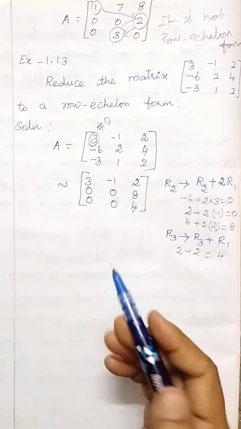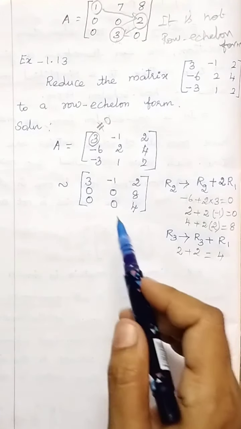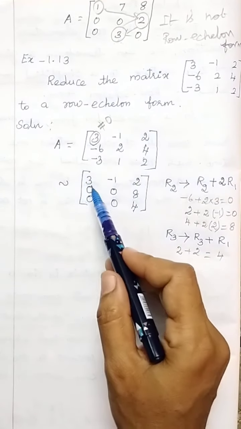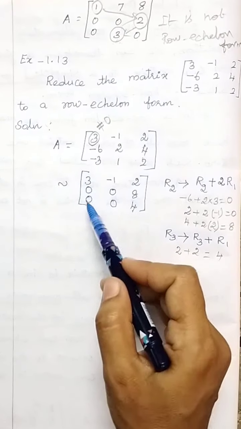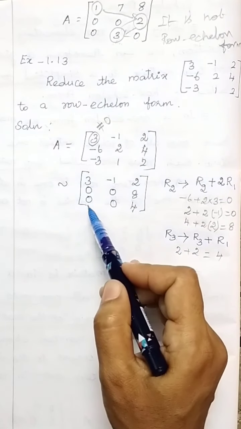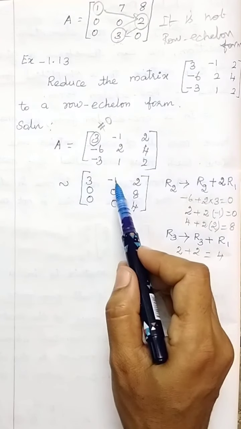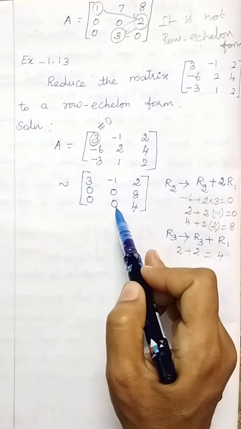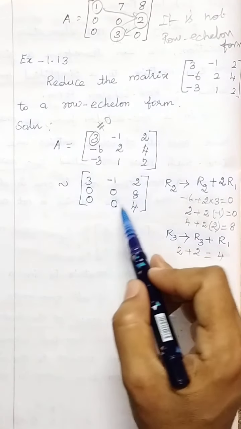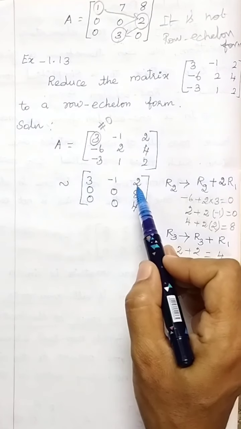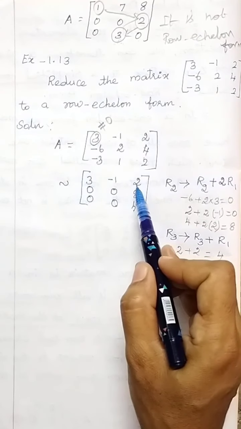Right? Next, check your condition. Our first row, first column entry non-zero. Then, below of these entries will be 0. Here, this is also a non-zero entry. Below of these elements are 0. Next, this R1 entry, third column entry is also non-zero.